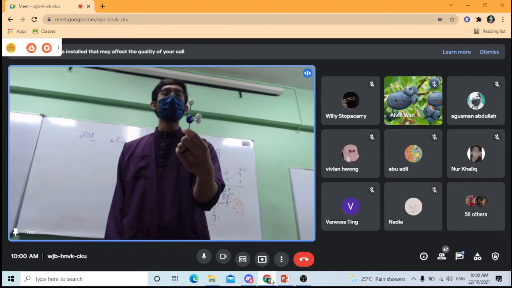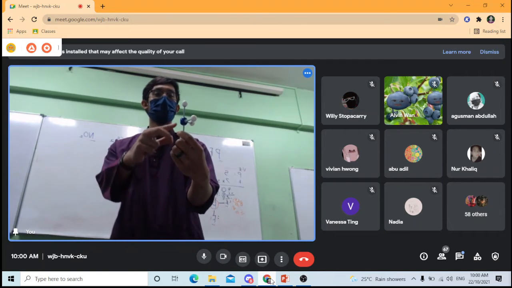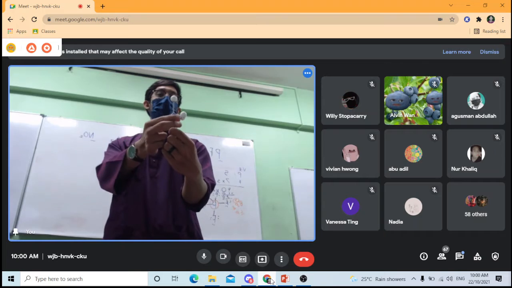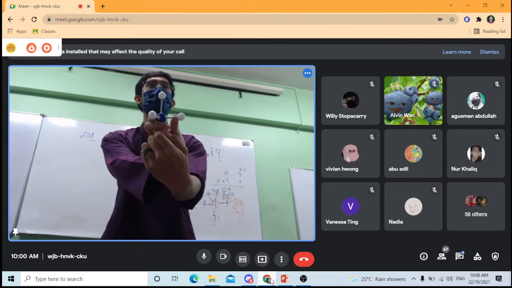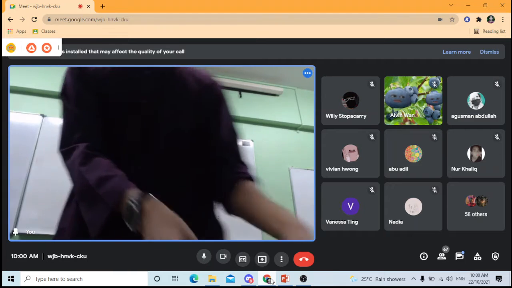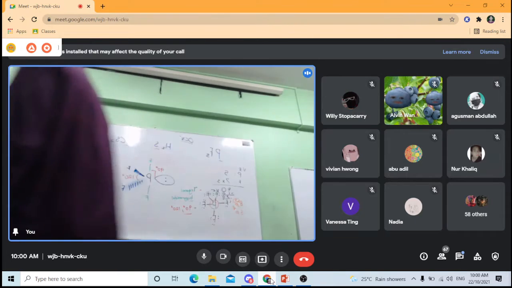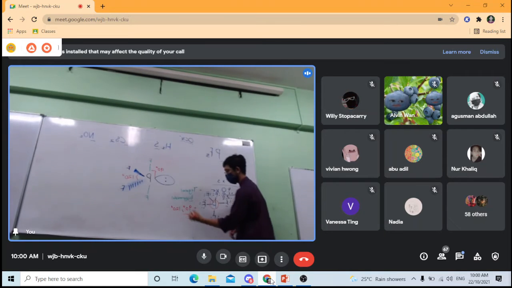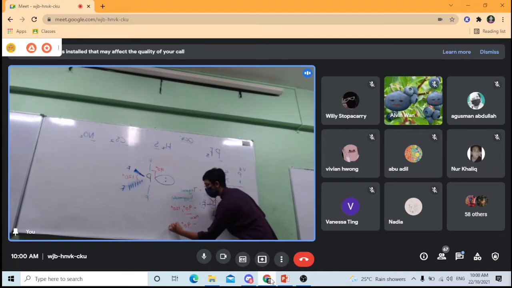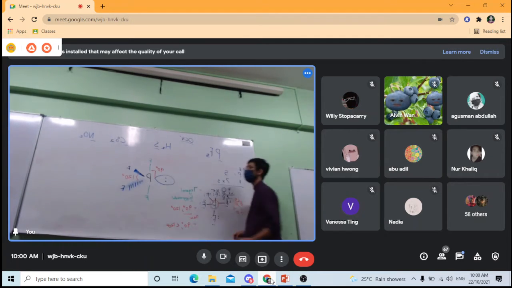But the only angle that cannot rotate around, imagine this is the lone pair, this angle, gets smaller. So what do you write? Just write less than 120. So the new angle: it's still 90 degrees, still the same, but it is less than 120 degrees. Okay, is that clear so far?